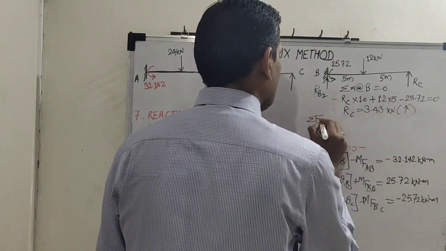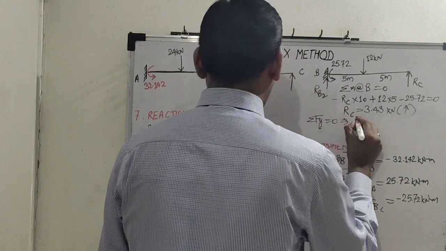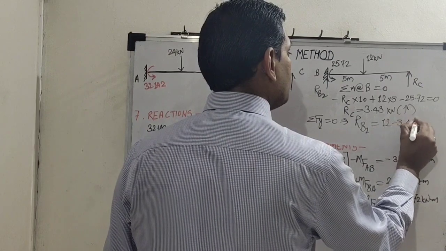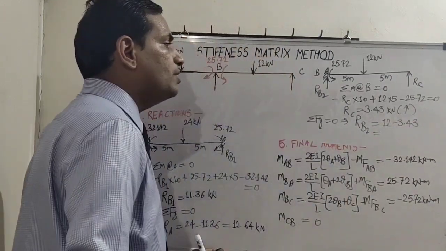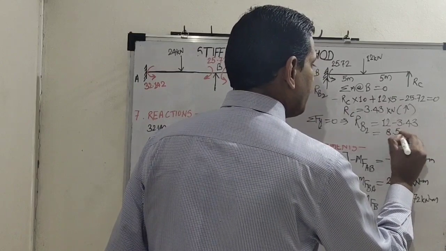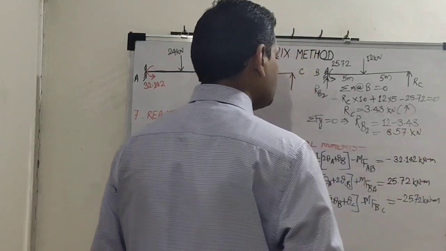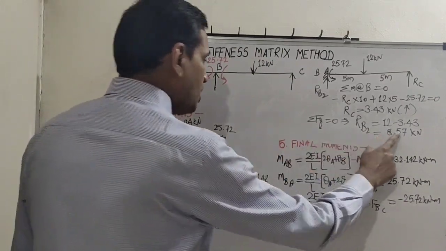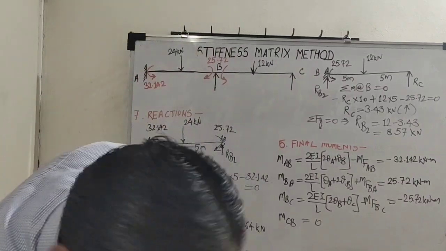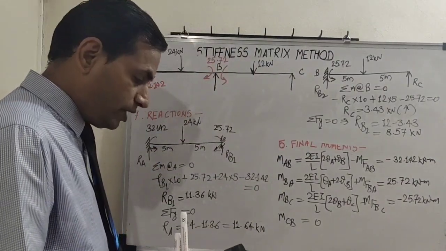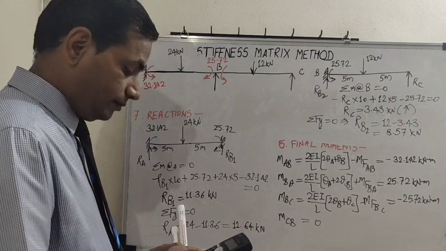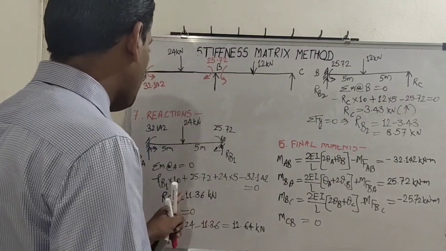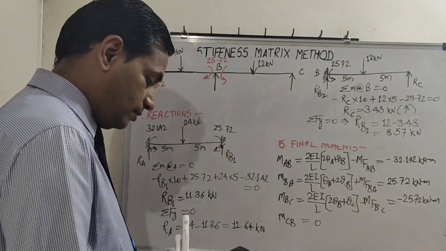Then summation Fy is equal to 0. It will give us RB2 as 12 minus 3.43. Okay, so the answer is 8.57 kilonewton. So what will be the net RB value? RB1 plus RB2. So 11.36 plus 8.57.